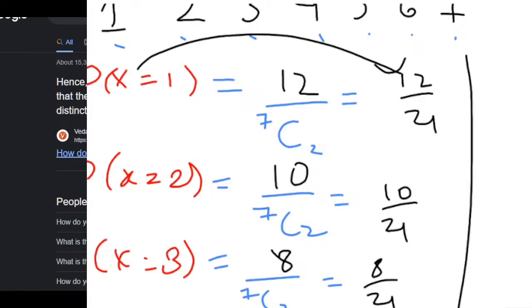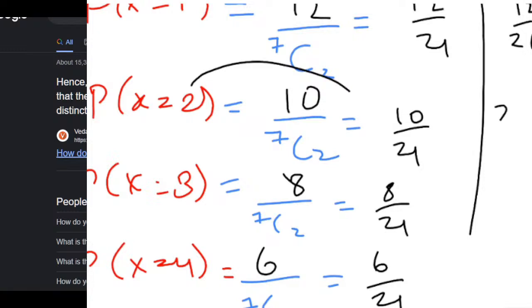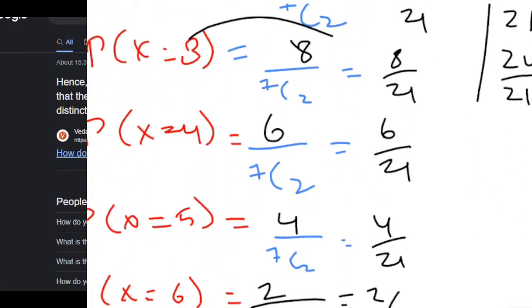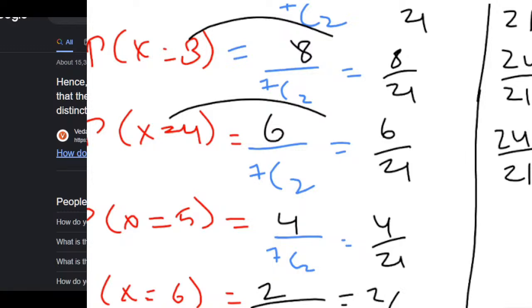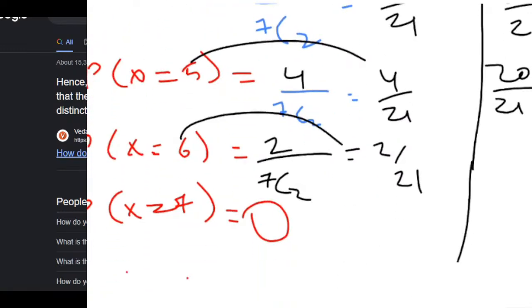So I'll get the mean terms as 12 by 21, 20 by 21, 24 by 21, and then 24 by 21 again, 20 by 21, and then 12 by 21, and then 0. Awesome.